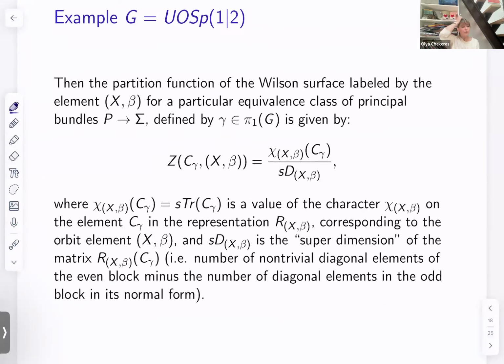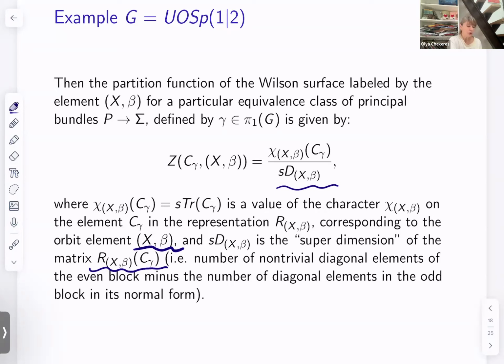And then we compute the partition function. Now we take the character, which is the character of the representation computed on the central element, and this representation corresponds to the orbit element x beta, and this is now a supertrace, and D stands for, so to say, the super dimension of this matrix, which is the number of non-trivial diagonal elements of the even block minus the number of diagonal elements of the odd block.